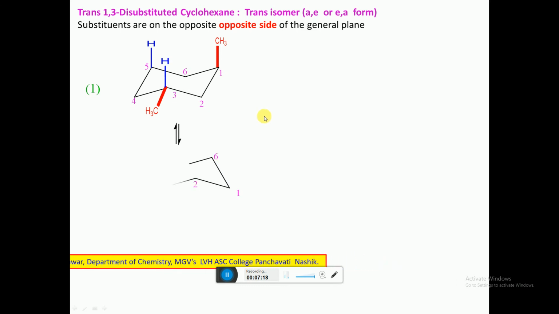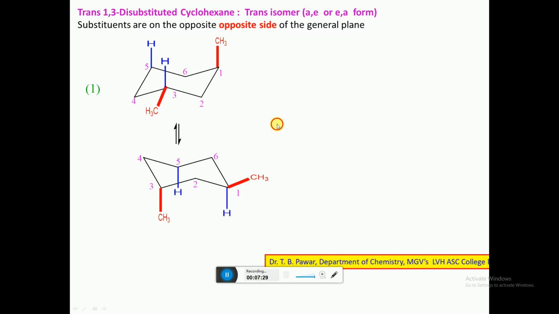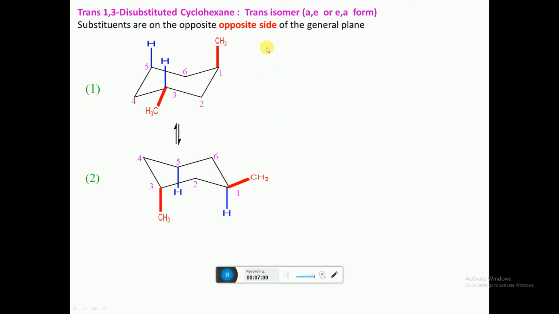After flipping structure 1, the axial CH3 changes to equatorial, and this equatorial changes to axial. Here these two are also in opposition, one positioned above the plane, another below the plane, so trans.